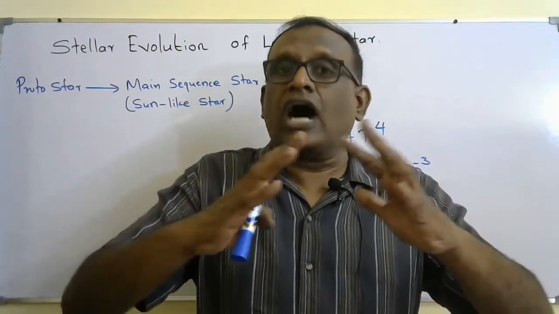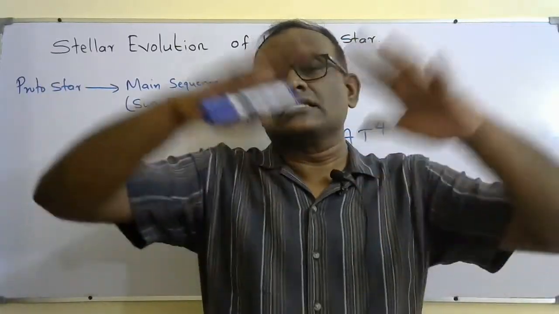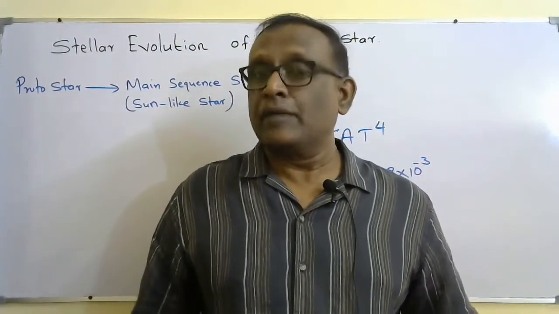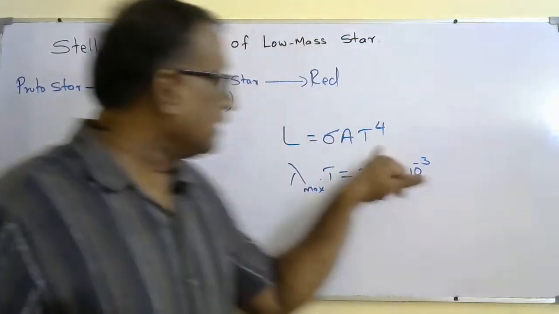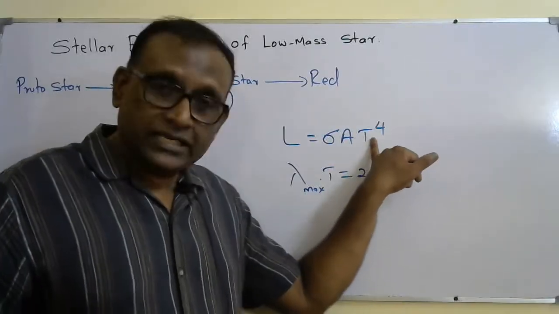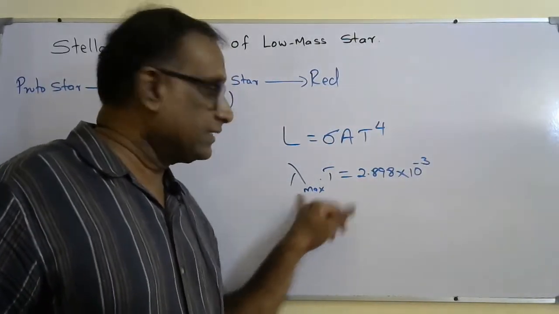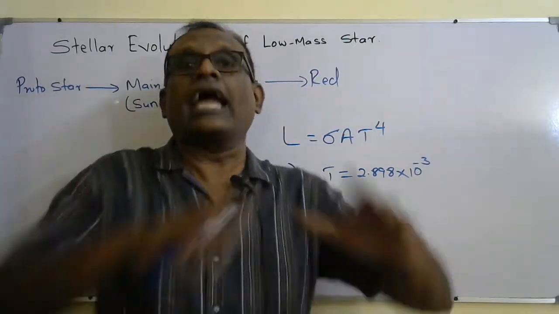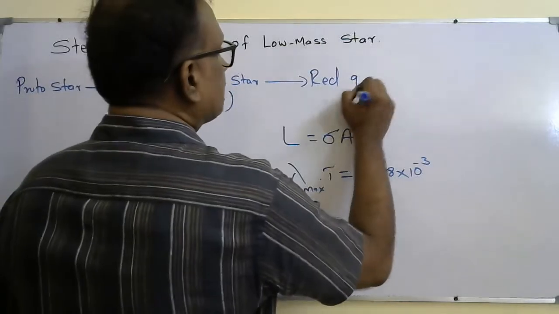That will cause the outer layer to expand. That's the reason the surface area of the star becomes much larger. So when the surface area becomes larger, luminosity becomes much higher. The temperature, as I told you already, is decreasing. So if the temperature decreases, lambda max increases, and the star will become red and very big. That is called a red giant.